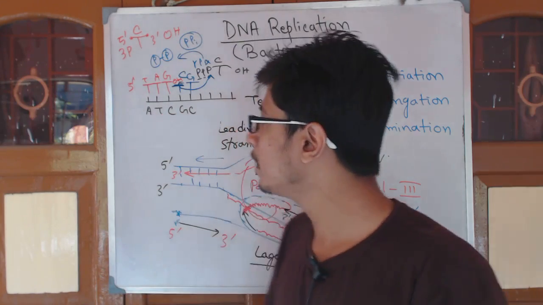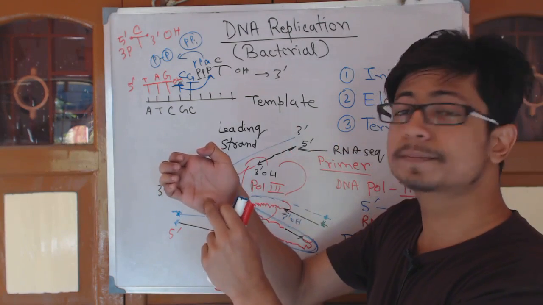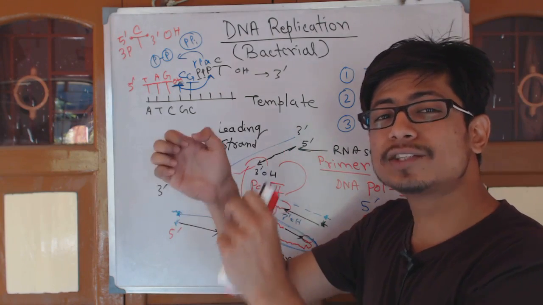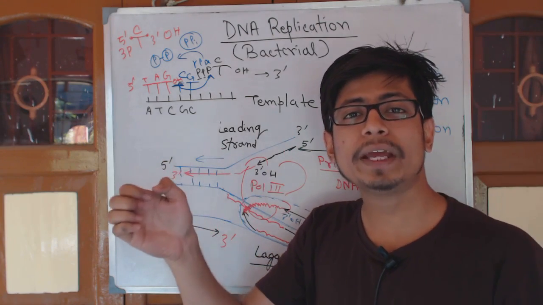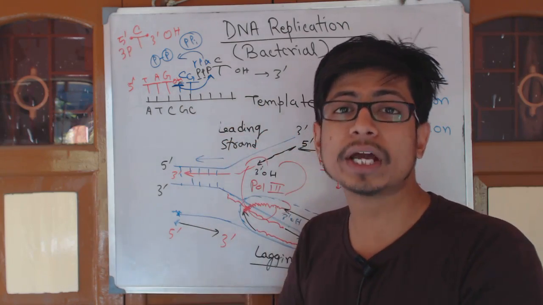But for the whole, the idea is it has these three domains, and at the bottom of the palm there is a domain called the exonuclease domain. The exonuclease domain is the domain which can proofread whether they added the right nucleotide or not.